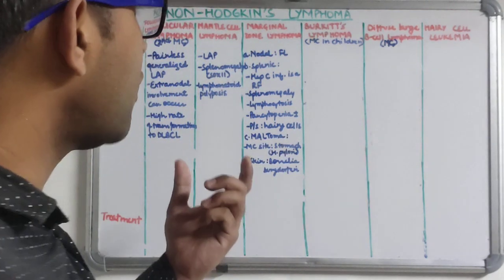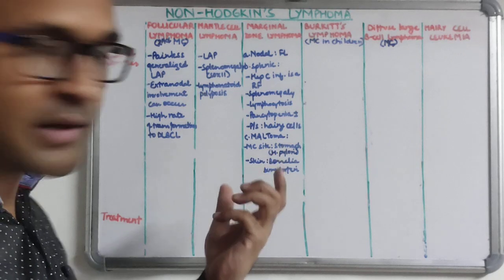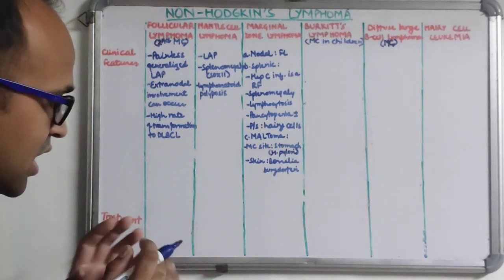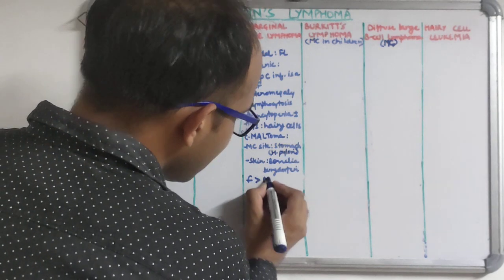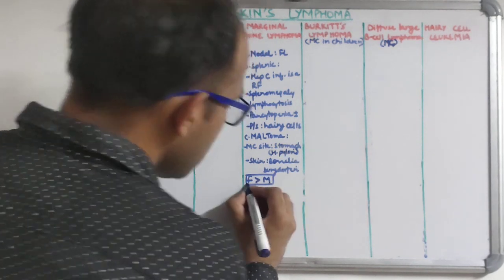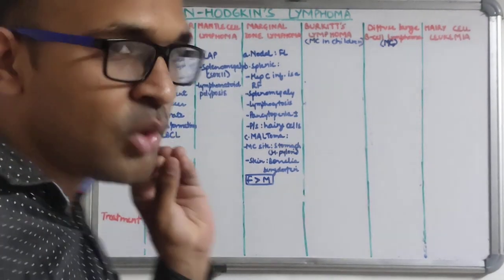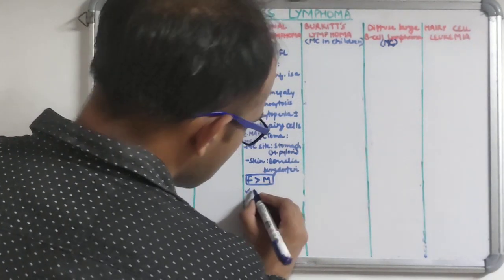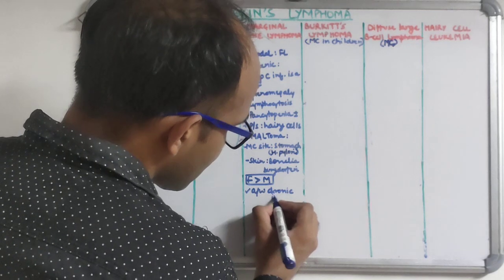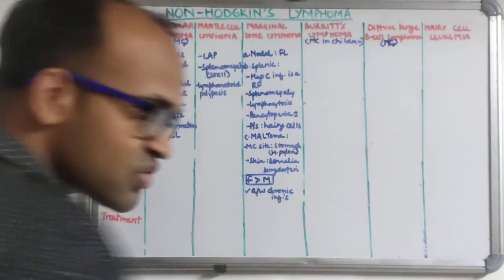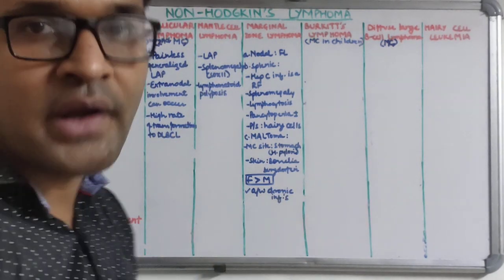Few important things I want to tell you about the marginal zone lymphoma. That is, it is the only lymphoma which is more common in females than males. Otherwise, most of the lymphomas are common in males. And it is the only lymphoma which is seen in association with chronic infections. And that's why antibiotics have a role in their treatment.